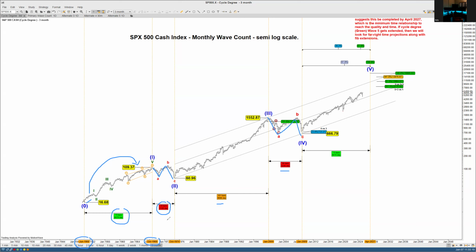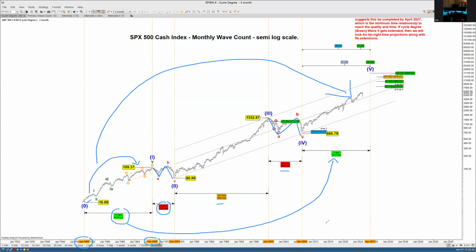But the minimum is how long the duration of the wave two was when the four is going to start. So now if you're going to take this to this, because this is the motive wave, this is the minimum time. So it still has room.